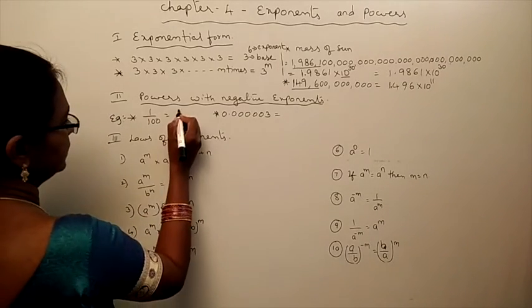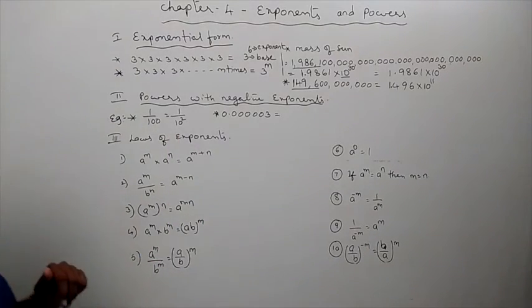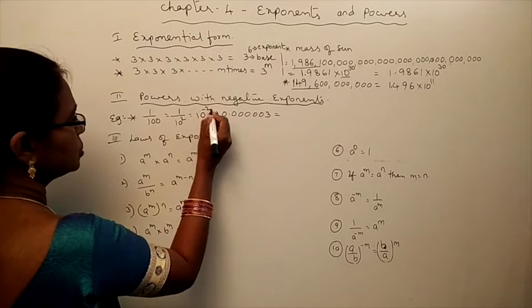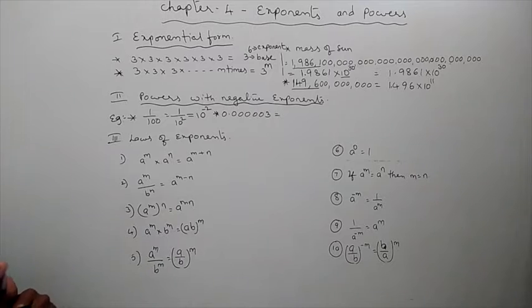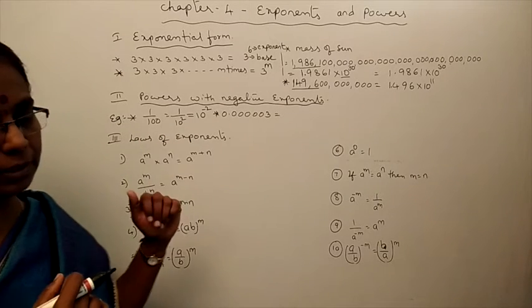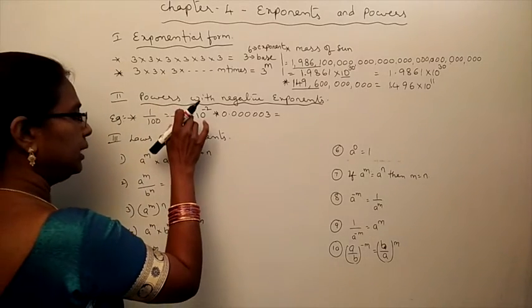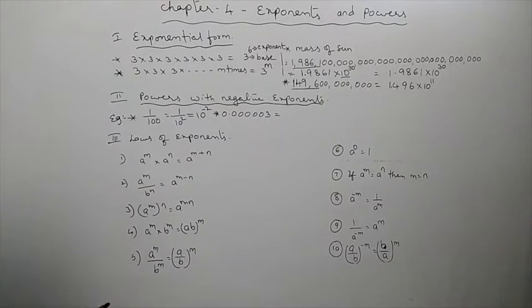Suppose 1 by 100, that is 1 by 10 square. 100 is written as 10 into 10, 10 square. Then it becomes 10 to the power of minus 2. This means the denominator comes as a numerator with negative power.